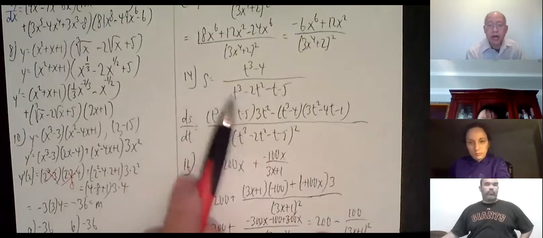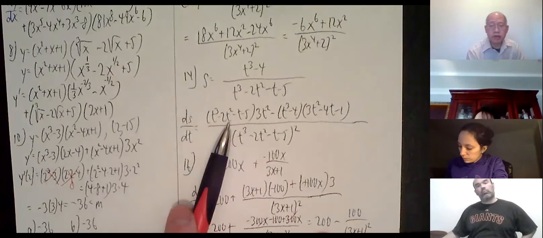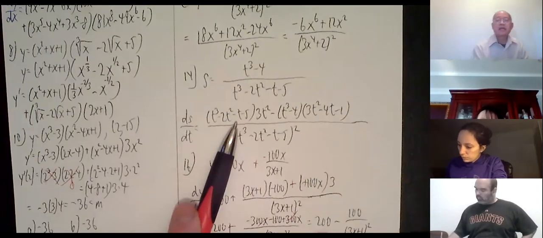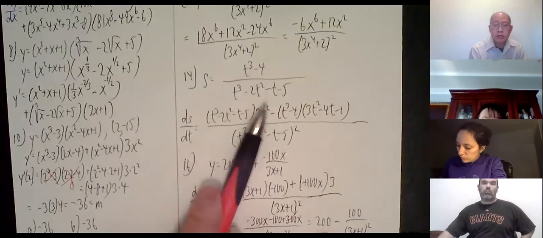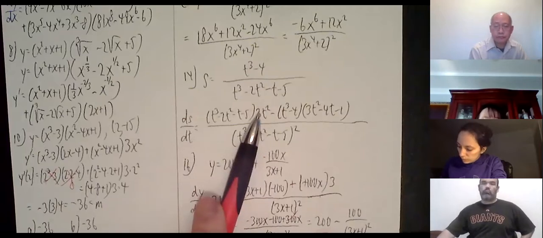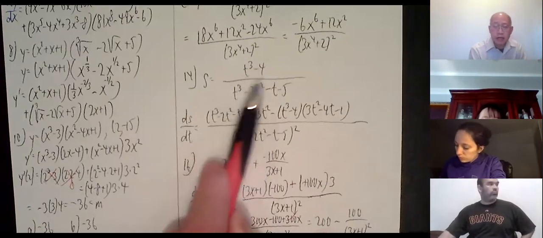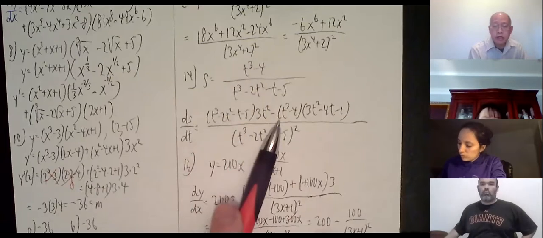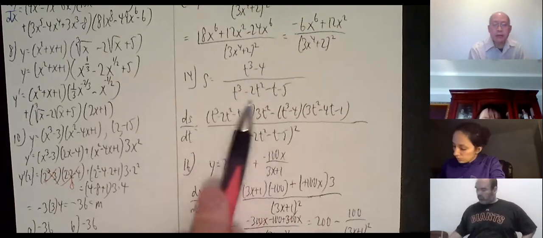Okay, copy the denominator, t cubed minus 2t squared minus t minus 5, times the derivative of the numerator. So what's the derivative of this? 3t squared. Minus the other way around. Copy the numerator, t cubed minus 4, and then times the derivative of the denominator.